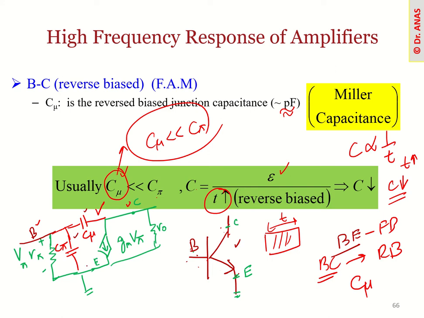But now the addition of these two capacitances has made our circuit complex. So first we will try to simplify this circuit, and once we get a simplified circuit, we will apply the techniques we have learned earlier.